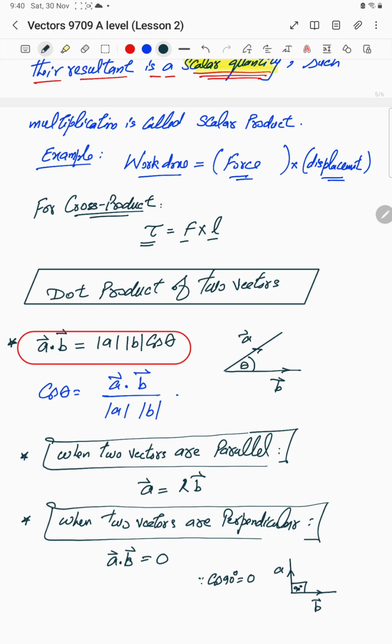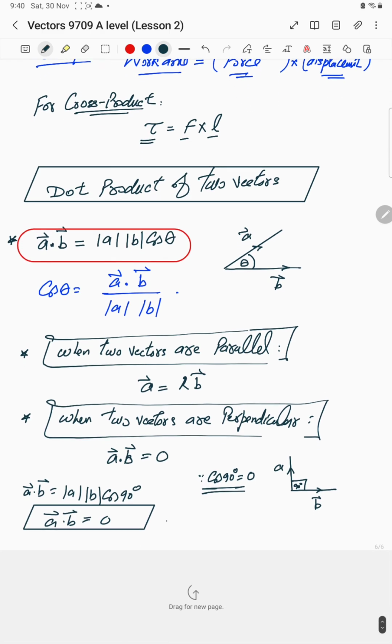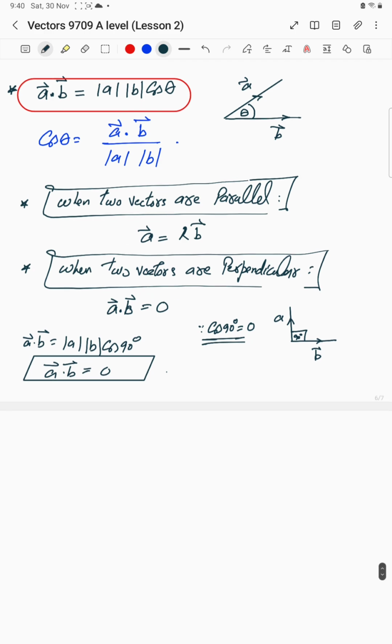So using the formula A vector dot B vector equals modulus of A, modulus of B, cos of 90 degrees, the right hand side becomes 0. So the vector dot product or scalar product for perpendicular vectors always results in 0. I hope it is clear, and we will solve a few examples.